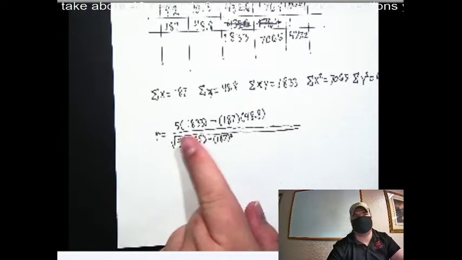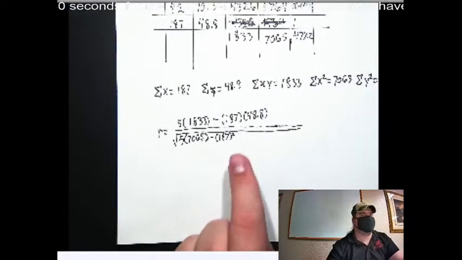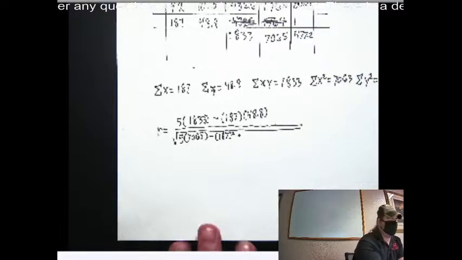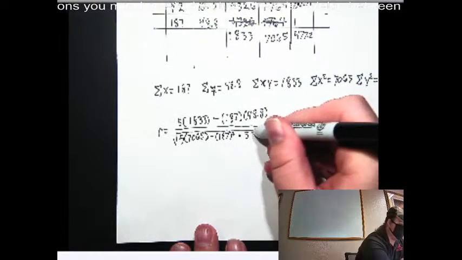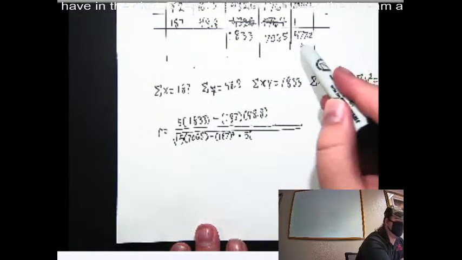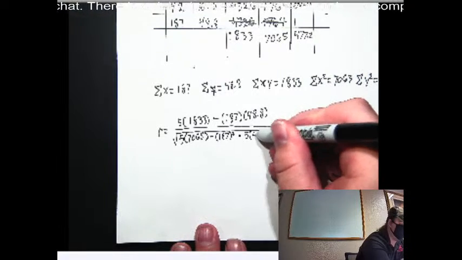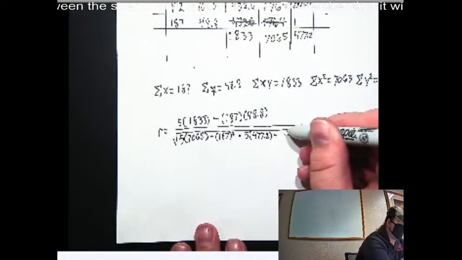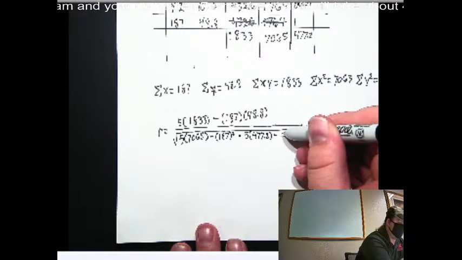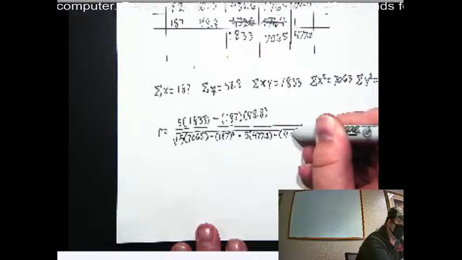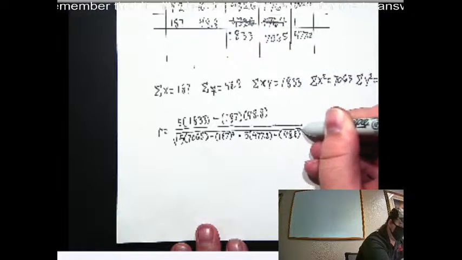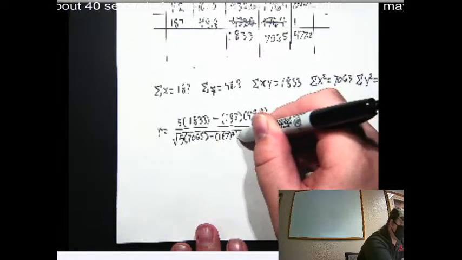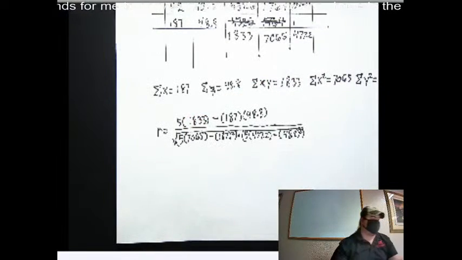I don't like to do that. I like to keep it one root. And it does not make a difference at all. So times n, which is 5, times the sum of y squared, 477.2, minus the sum of y, 48.8, squared.